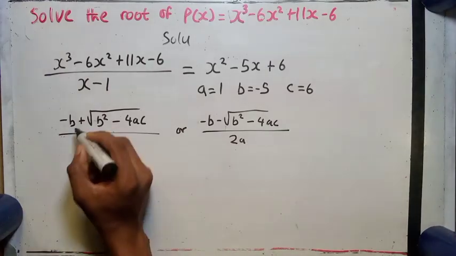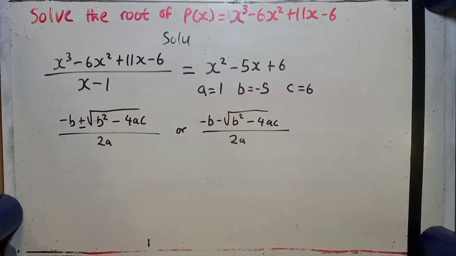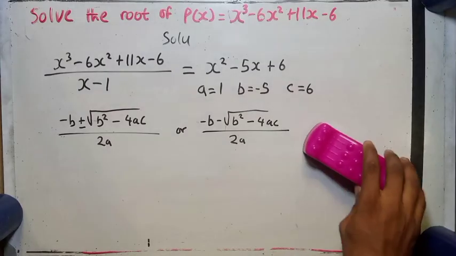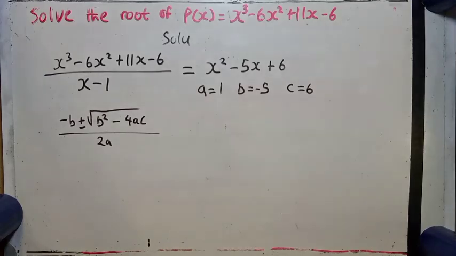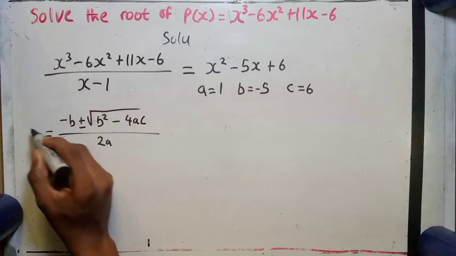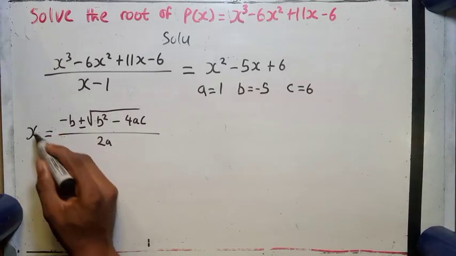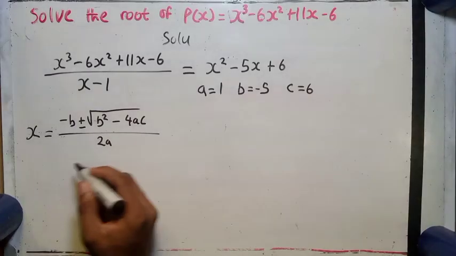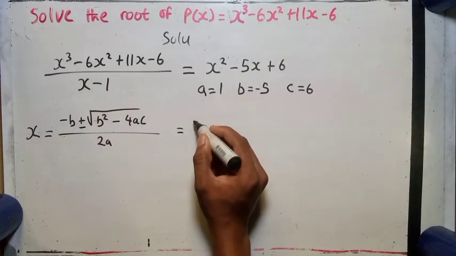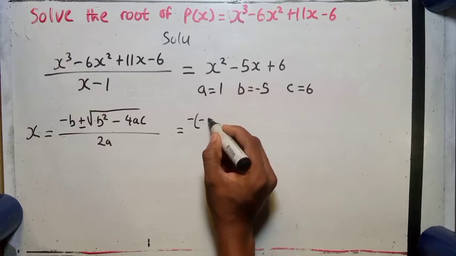Okay, I think it would be wise if I just join them together. When you start getting a bit technical, I can then separate them. So this is what our x's are going to give us. Now, inputting our values, we are going to be having minus of minus 5.